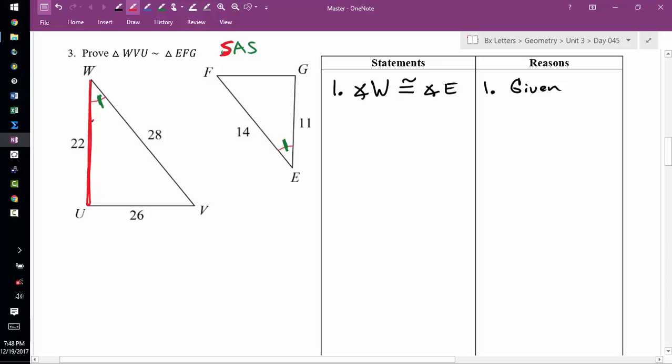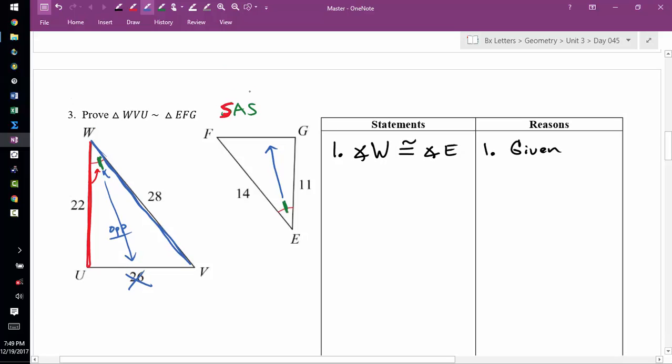So this red side definitely touches my angle, and this blue side is the other side that touches that angle. The side we're not going to use is the side that's opposite the angle in our proof. So we're not going to use 26. We're not going to use this side. That's kind of confusing. We're not going to use side FG, right?